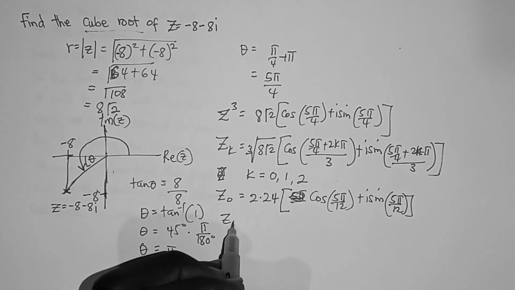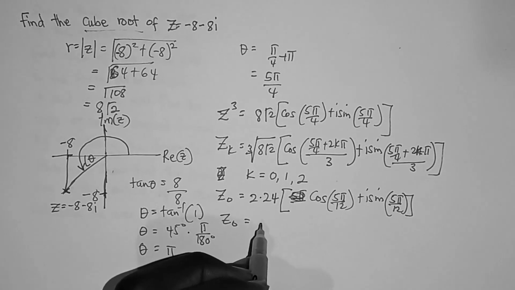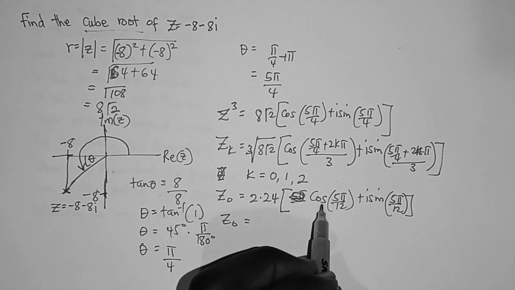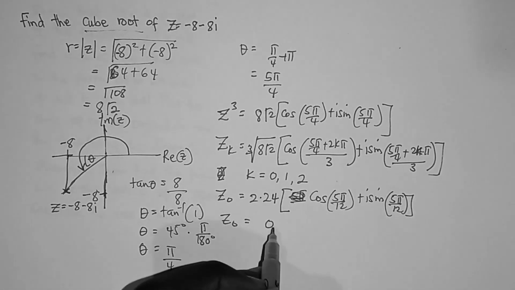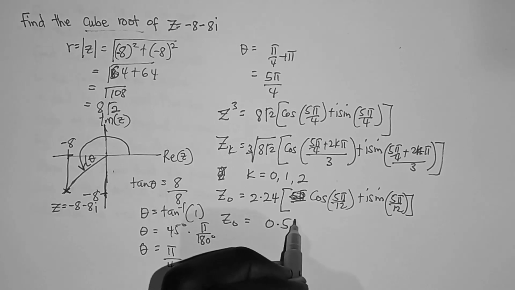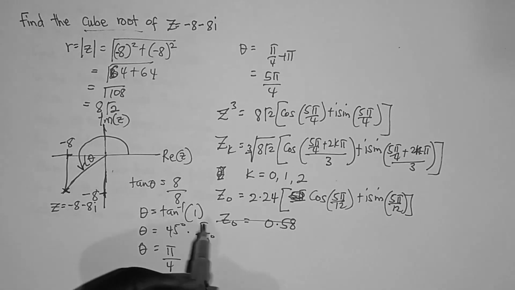So z naught, z of 0 is equal to 2.24 times cos 5 pi over 12, which will give you 0.58. Sorry.